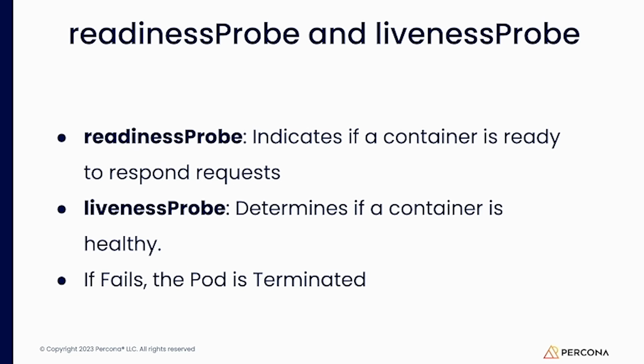So readiness probe, liveness probe. The readiness probe indicates if a container is ready to respond to requests, and the liveness probe determines if a container is healthy. If it fails, the pod is terminated. So this is the way that the kubelet has to detect that a particular application is no longer healthy in a cluster, right?